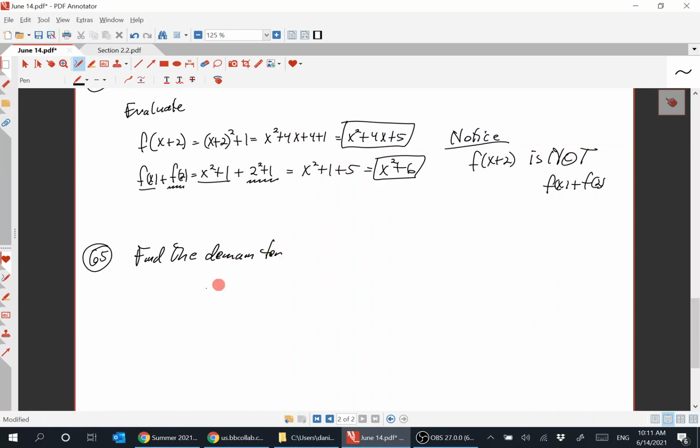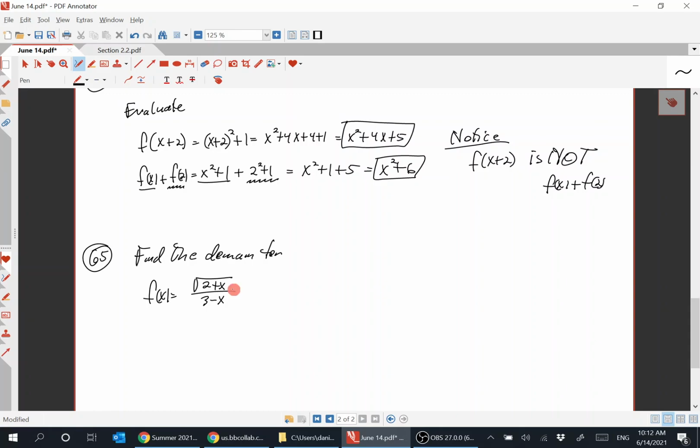For f of x equal to the square root of 2 plus x over 3 minus x. Okay, well, again, the domain of a function in this context, in this algebra, calculus track context, is the largest set of values upon which the function is defined.